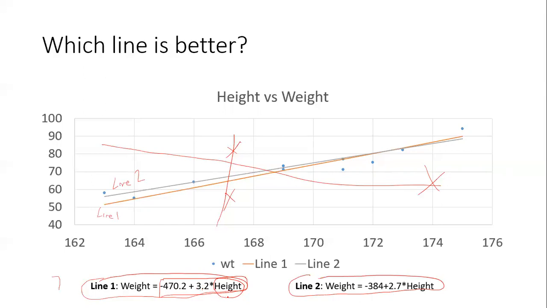So let's try to find it. Remember, x1 was equal to 163 centimeters. So what I would do is put it into the formula, minus 470.2 plus 3.2 times the height, to find the value. Which value?